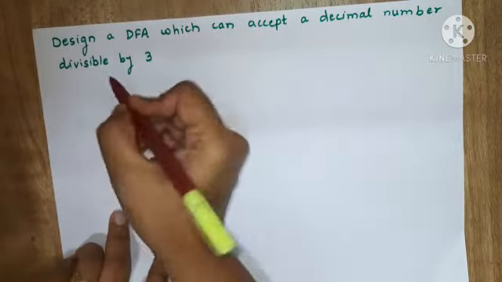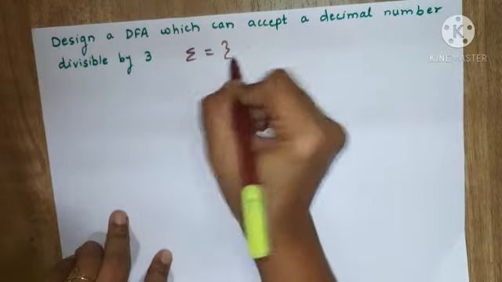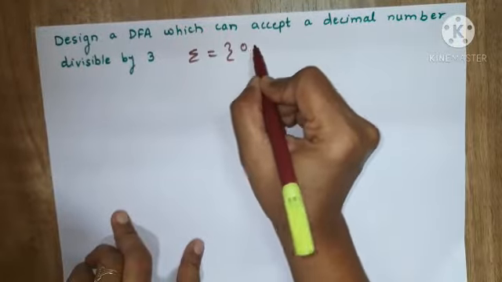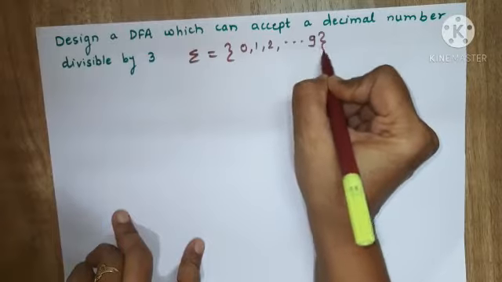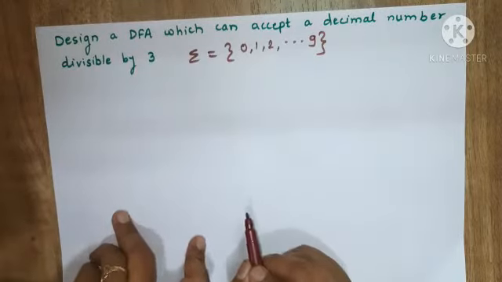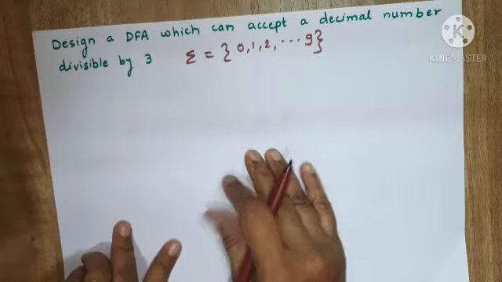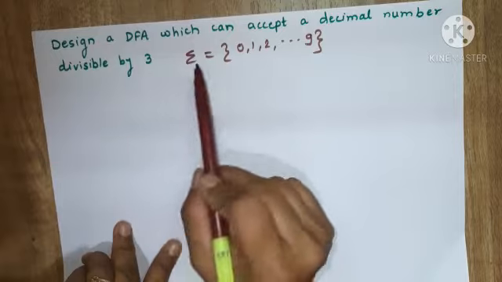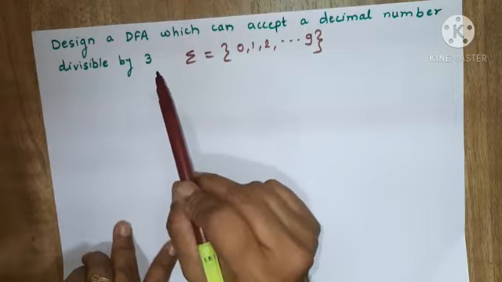So here sigma, that is the input alphabet, is the decimal digits 0, 1, 2 up to 9. And this DFA will accept only those strings, only those numbers, which are divisible by 3.